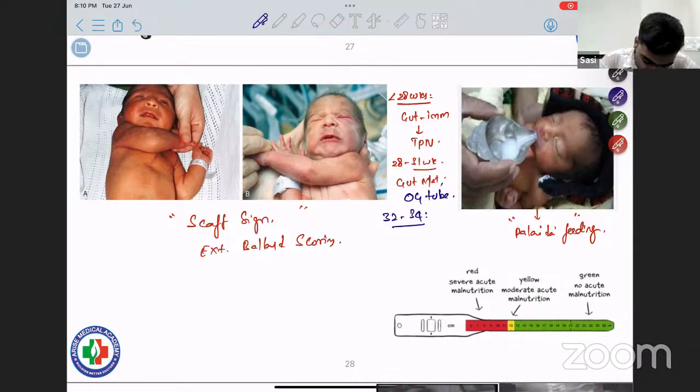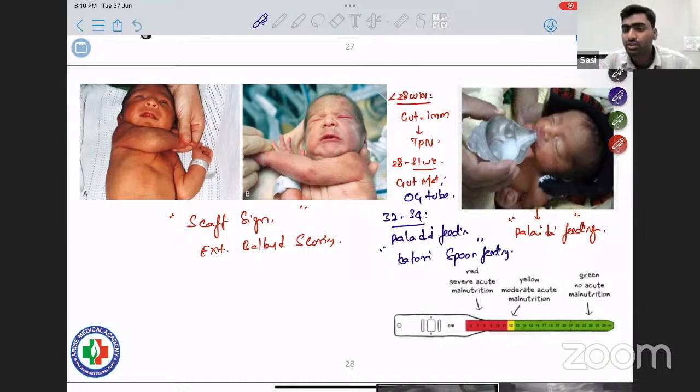So we'll use this type of feeding known as VVGR feeding, or we can use one more method known as Katori spoon feeding. Whereas after 34 weeks, we can start breastfeeding directly.